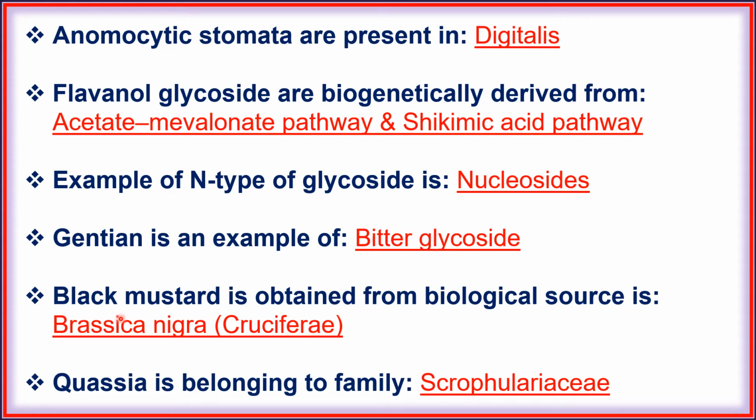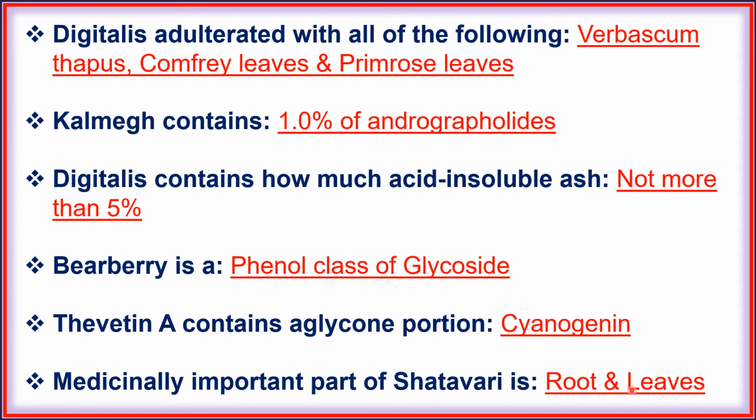Next, black mustard is obtained from biological source Brassica nigra, family Cruciferae. Next, Cassia belongs to family Scrophulariaceae. Next, Digitalis is adulterated with all of the following: Verbascum thapsus, comfrey leaves and primrose leaves.